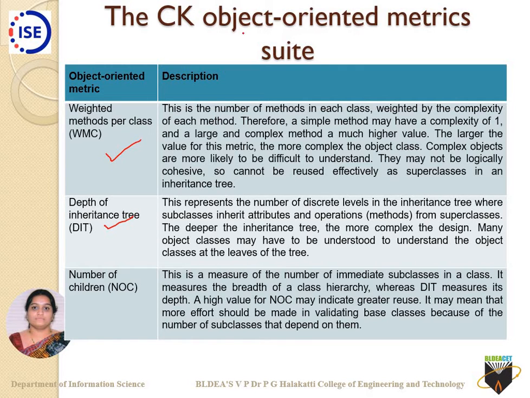When I speak about object-oriented, inheritance has to come. Inheritance is where a class is derived from another superclass, where we have a relationship of a superclass and a subclass. I call this the depth of inheritance tree. We always know that multiple inheritance has to be avoided as far as possible.